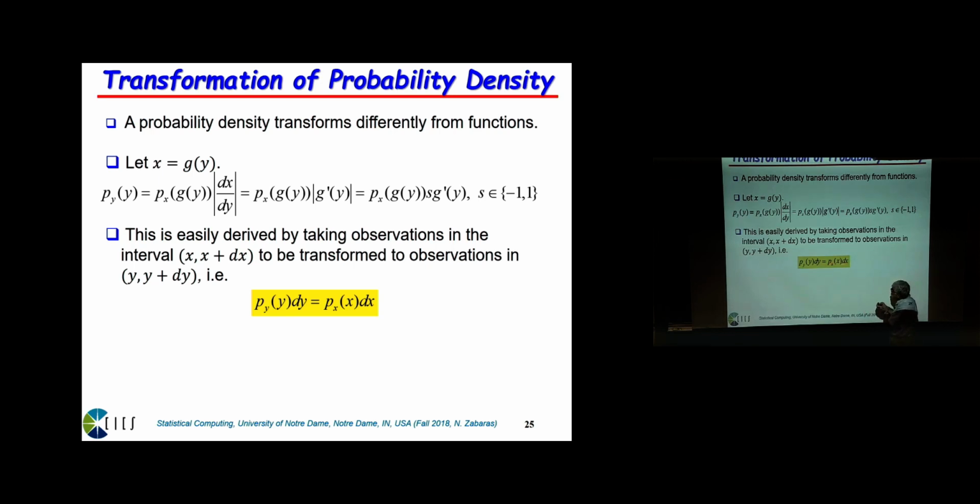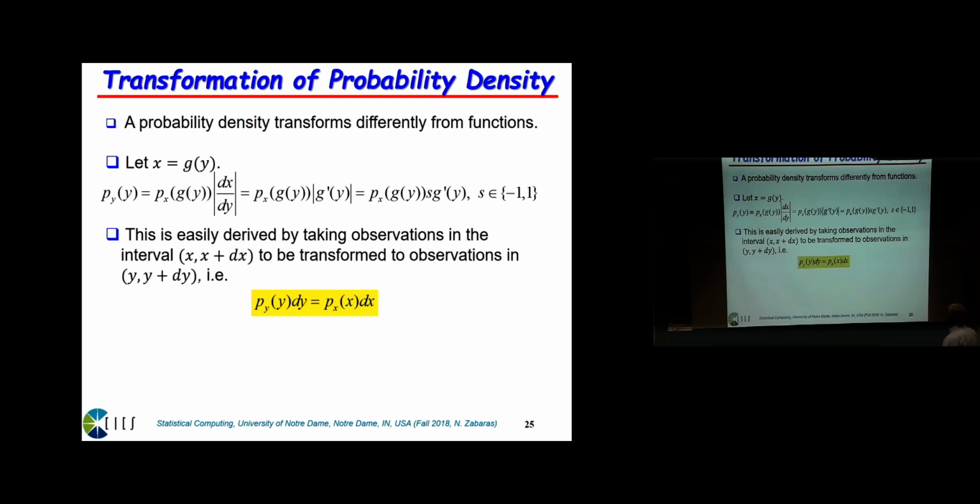So what you want to do is take this probability and make it equal to p of y dy. You want to preserve probability mass, okay? And then if you look at this equation, immediately you can see p of y is p of x times the absolute value of dx over dy, okay?